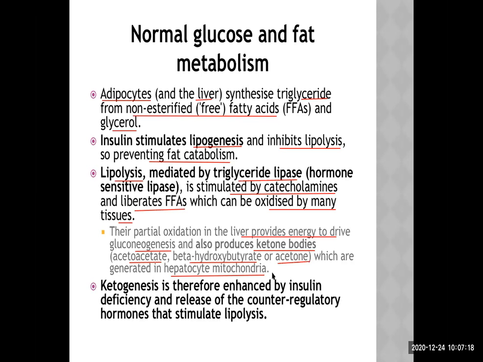And free fatty acid is obtained from lipid or the triglyceride. And the triglyceride should be broken down by hormone sensitive lipase. And insulin will always suppress that enzyme. Remember, insulin will suppress that enzyme so that this mechanism will not occur. When there is a lack of insulin, then only this mechanism will take place. Let's move further.